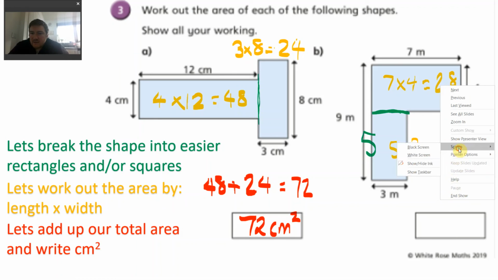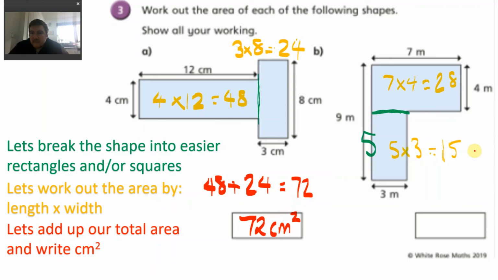We can then add up our two amounts. 15 add 28, giving us 43 meters squared, almost put centimeters.